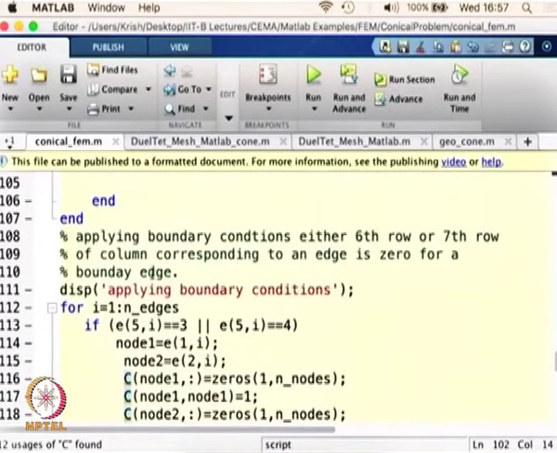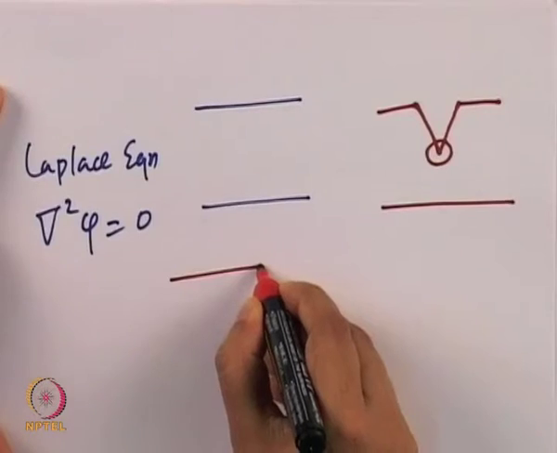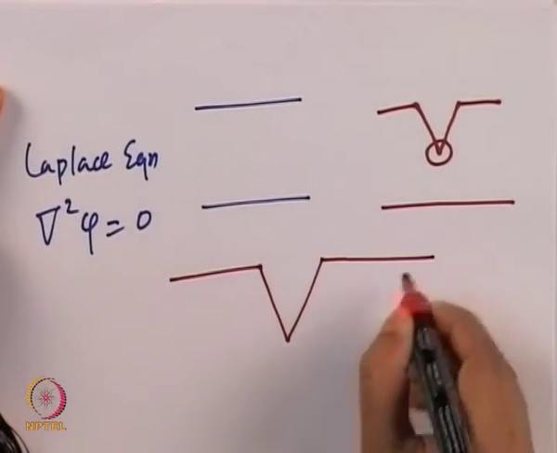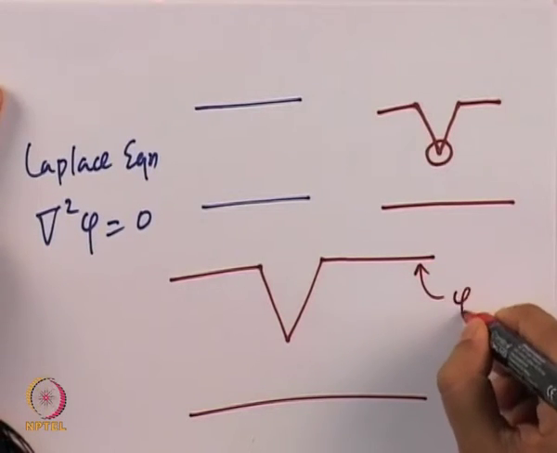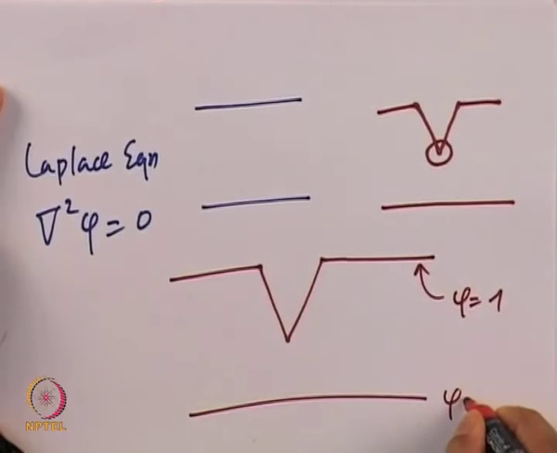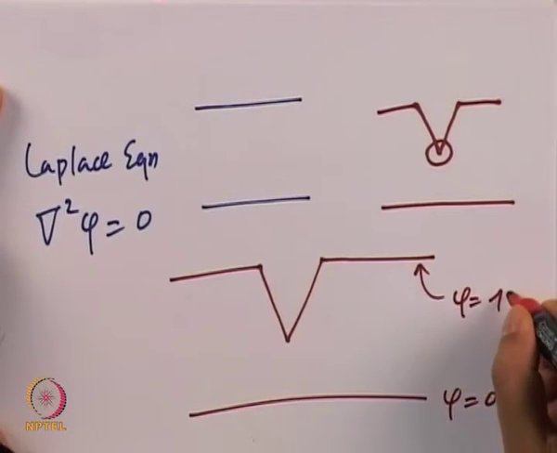Once it is done, it is going to apply the boundary conditions. We said that in our problem, let's go back to the sheet. So our problem is going to be in this manner. We have set the top plate to phi equal to 1 and the bottom plate to phi equal to 0 volt.